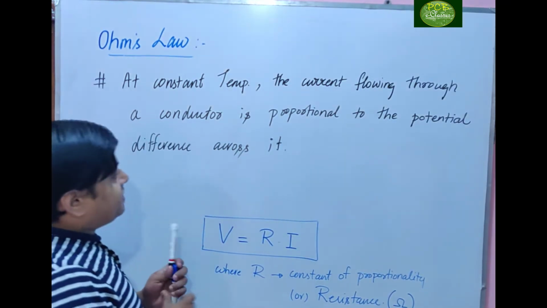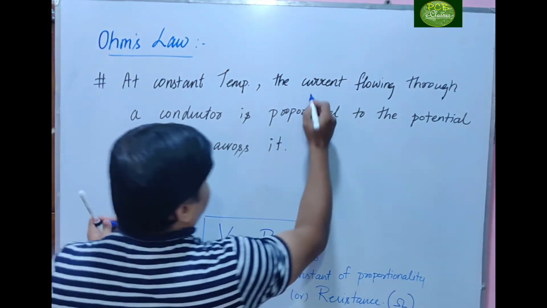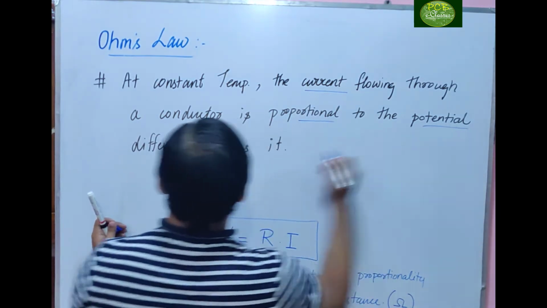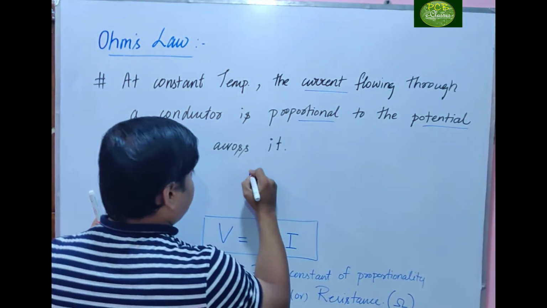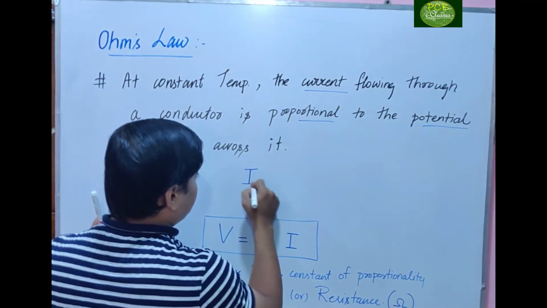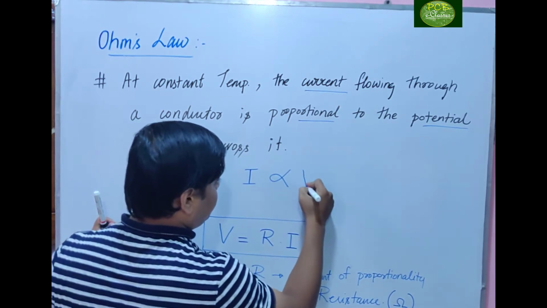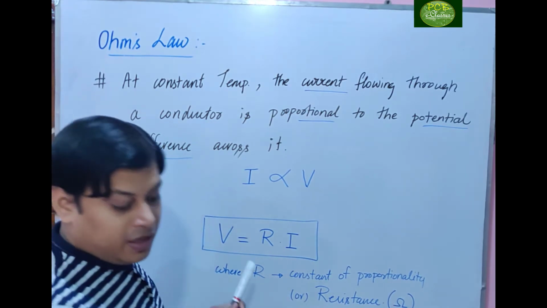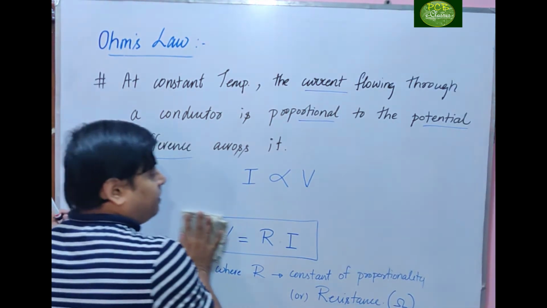Fine? So what it says is, current is proportional to the potential difference. That means here I is proportional to V.